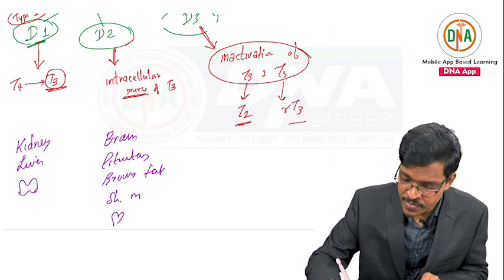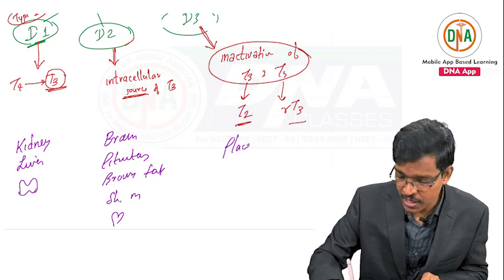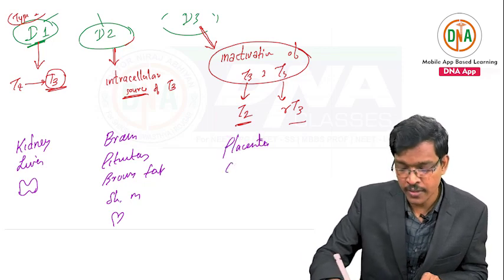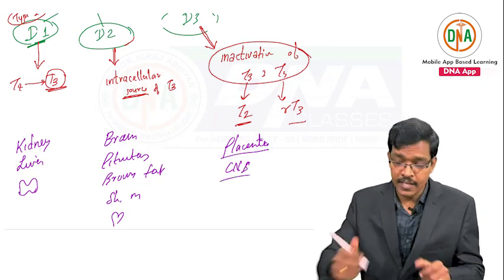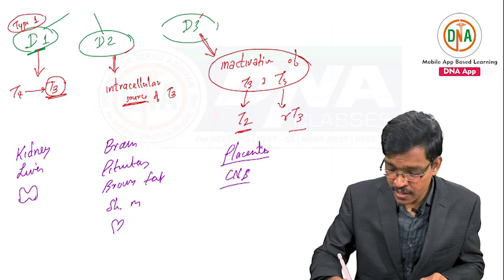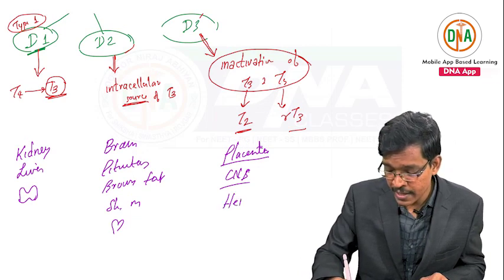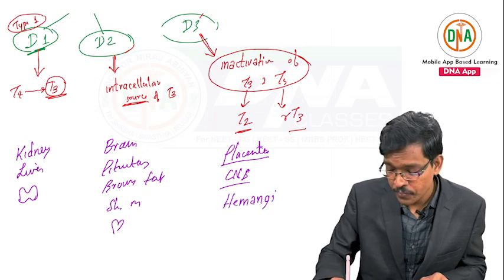Whereas D3 is mainly present in the placenta, along with some in the CNS. And increased expression of D3 will be seen in certain tumors, mainly hemangiomas.